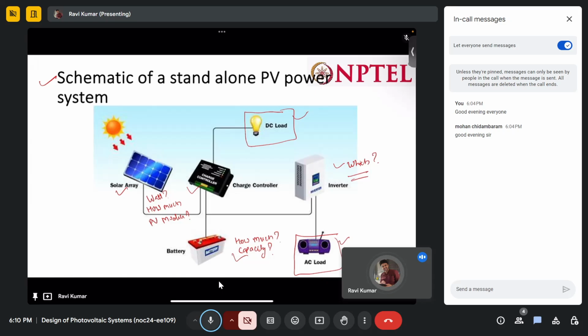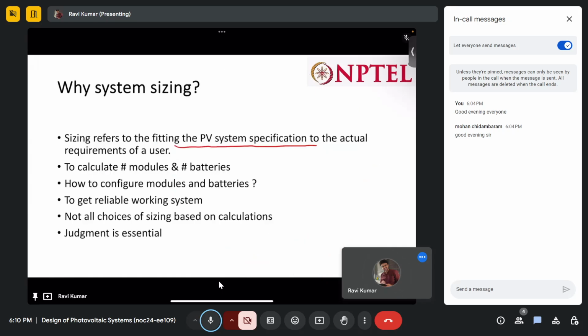Why is system designing or system sizing important? Because it refers to fitting the PV system specification to the actual requirements. We first calculate the requirements, and then we find the actual specification of the PV system which we require.